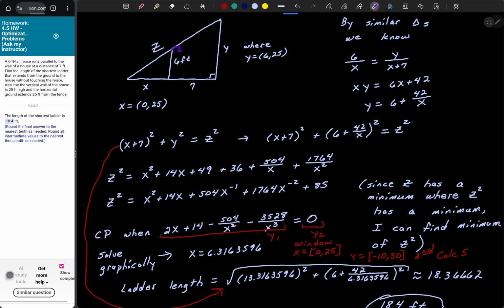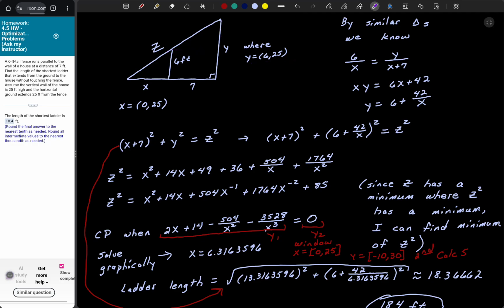There's no way it could be less than 6, because the ladder has to lean up and go above that. So y can't be 6, but it could be greater than 6 all the way up to 25. So y is some number between 6 and 25.